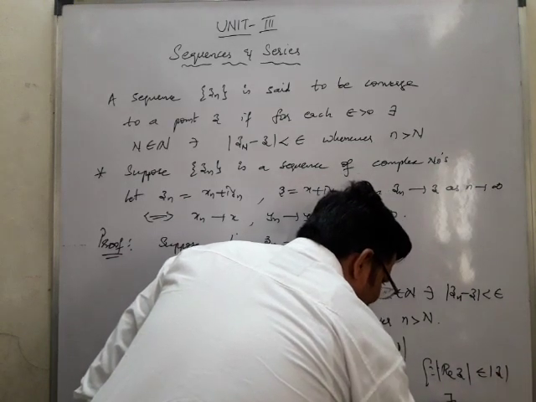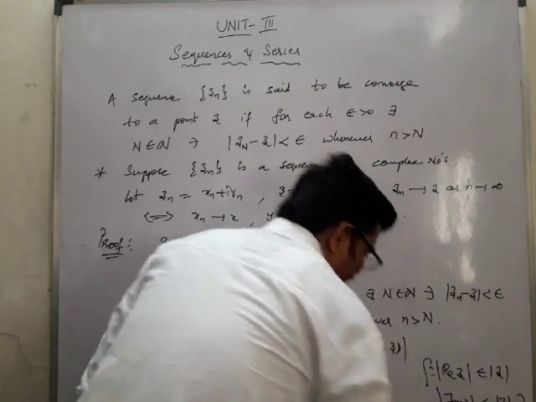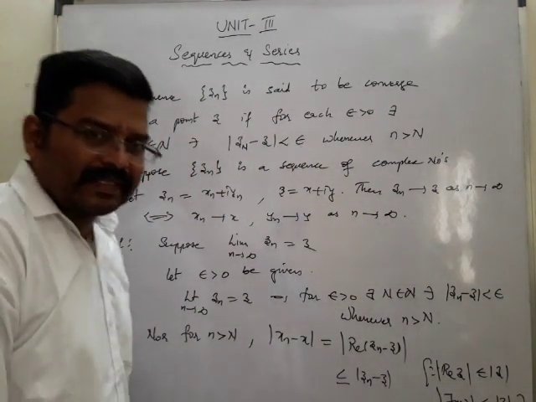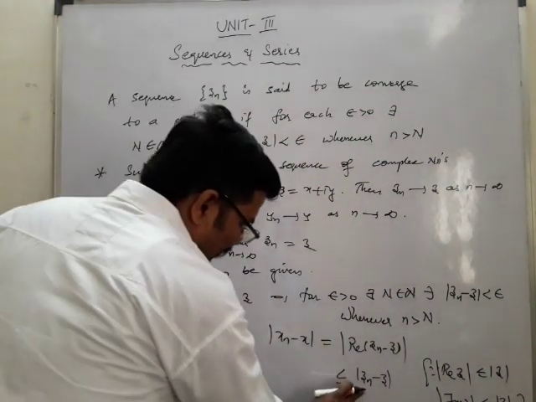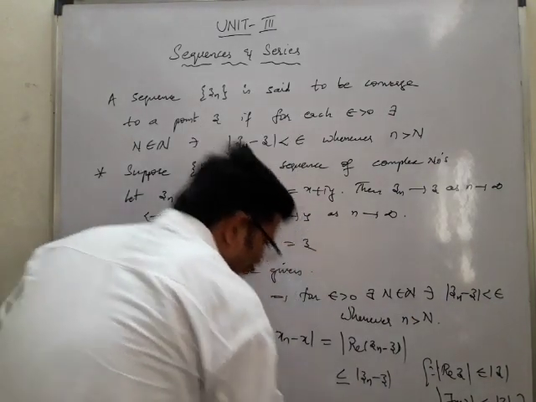In the same way, the imaginary part of z is less than or equal to mod z. This is what we have as inequalities in the complex numbers. So therefore, Zn minus z is less than epsilon.